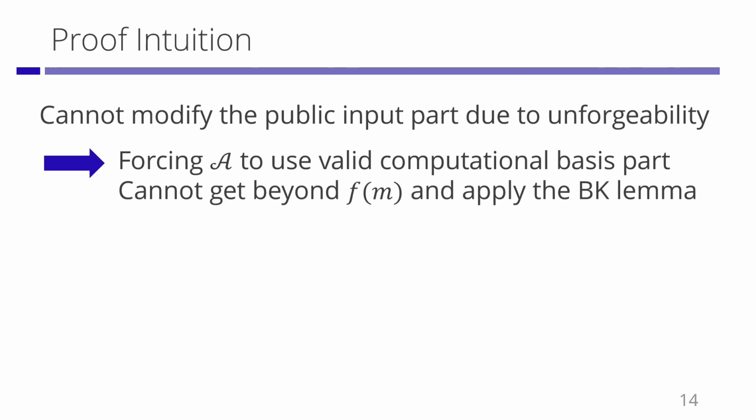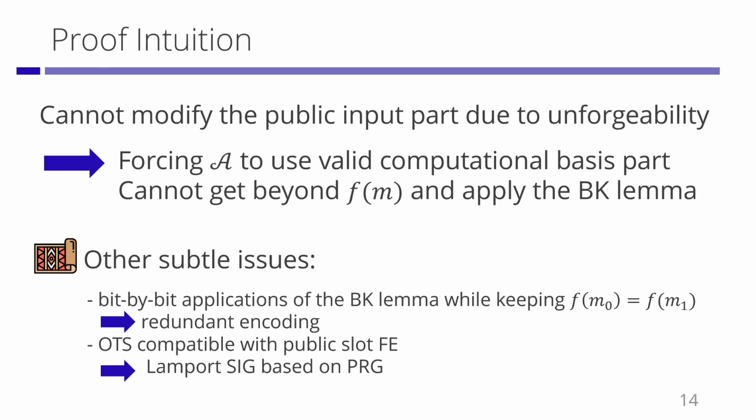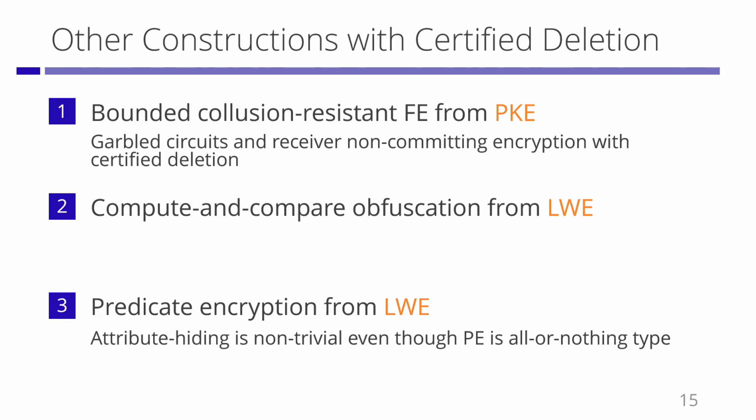So we can achieve certified everlasting security by using the Bartek-Kraner lemma. In fact, there are other subtle issues in the security proofs, but due to the time limitation, I skip these subtle issues in this talk. Please read our paper for the details.